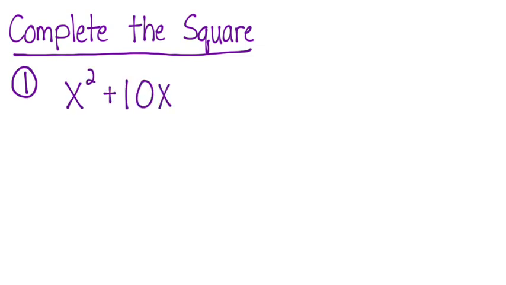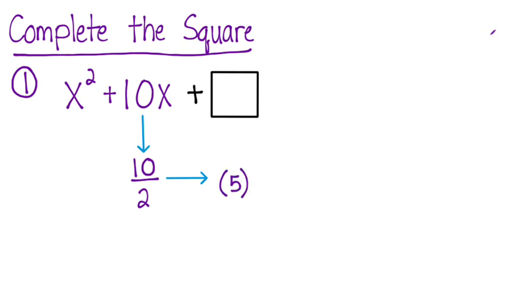All right, so completing the square. Let's just first talk about how do I complete a square? Well, I know that it's the middle term cut in half and squared. When I do this, it literally makes a little square.